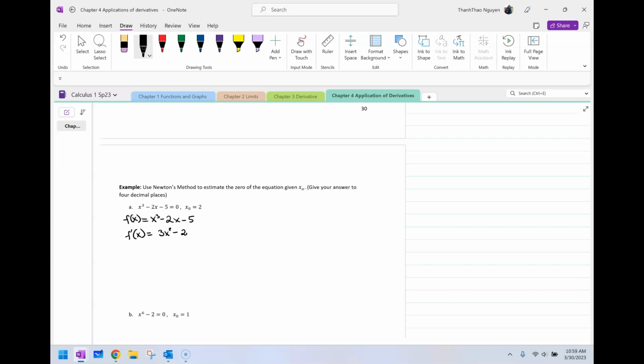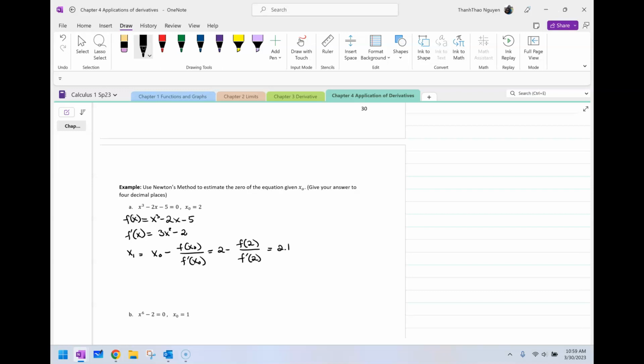We want to find the next point, x sub 1, given x naught equal to 2. So x sub 1 is equal to x naught minus f of x naught divided by f prime of x naught. This is equal to 2 minus f of 2 divided by f prime of 2.